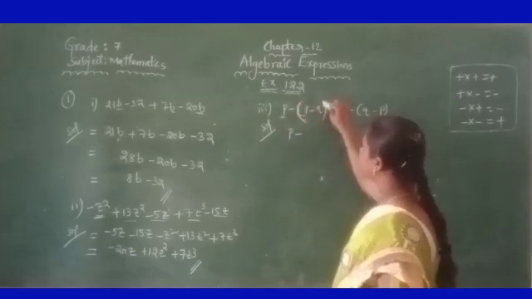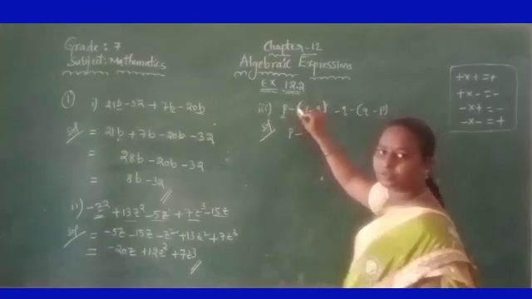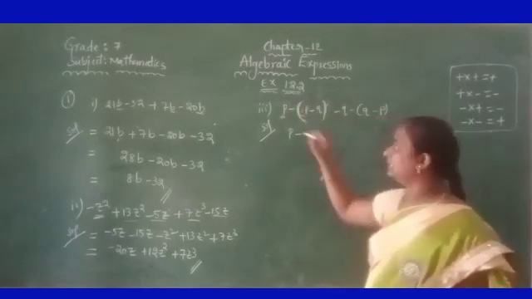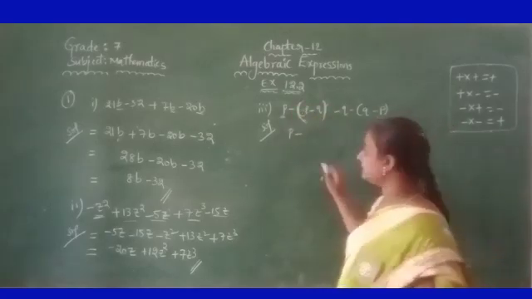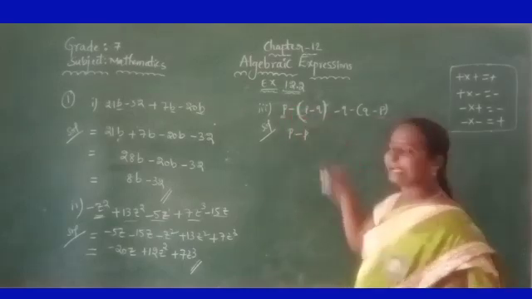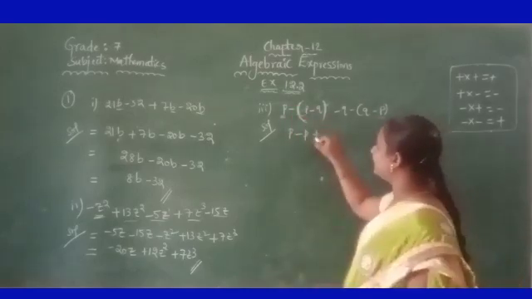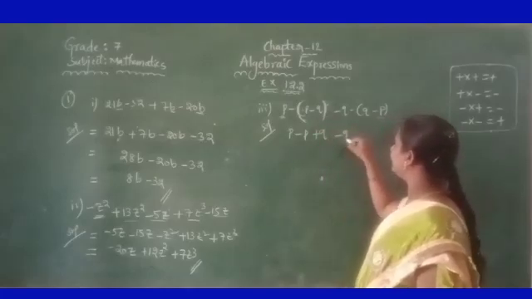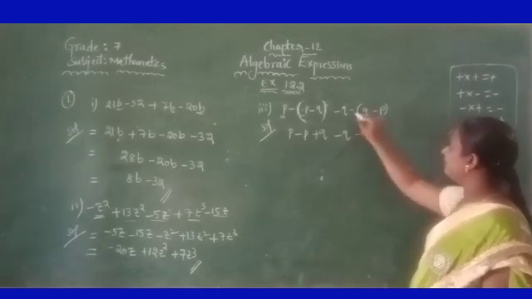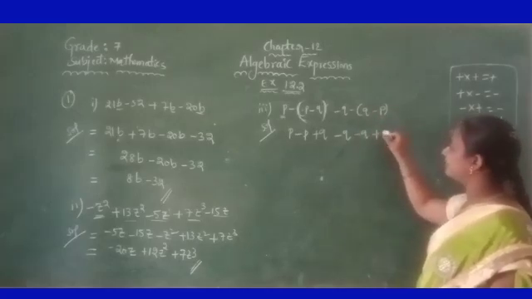This bracket is considered as minus into. In front of p there is no sign, so consider it plus. Minus into plus is minus p. Again minus p into minus gives plus q. Minus q, similarly minus into plus gives minus q, minus into minus gives plus p.